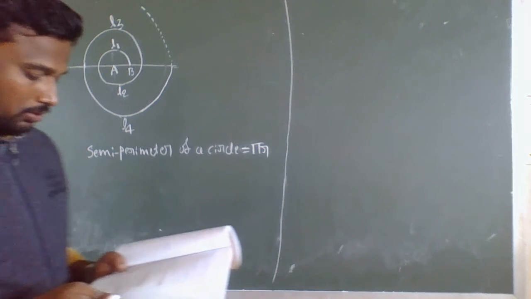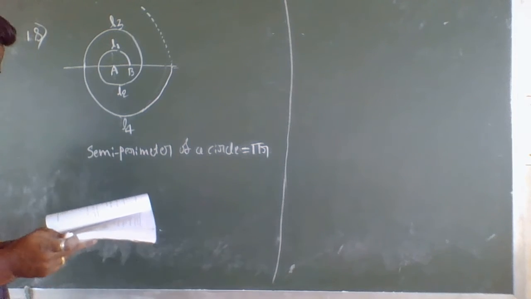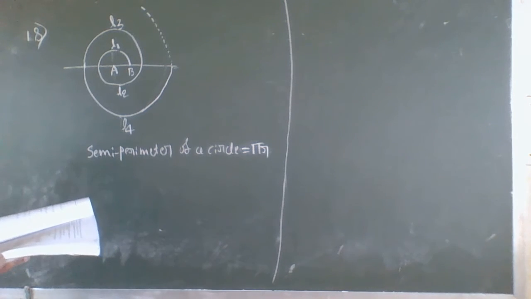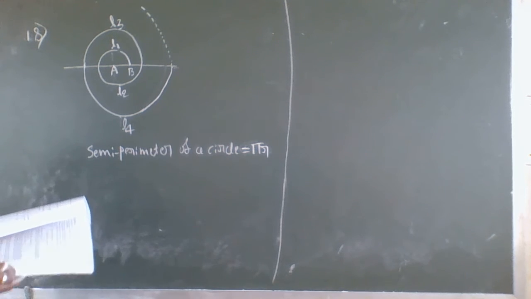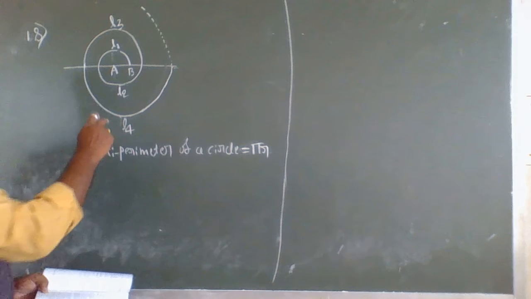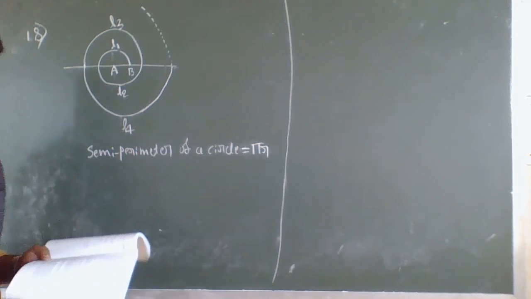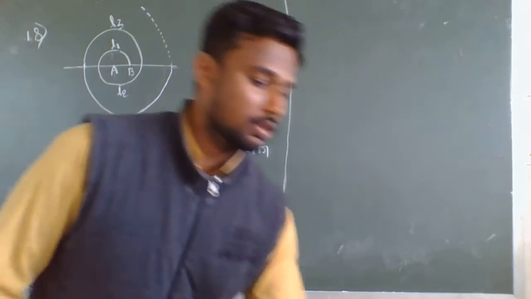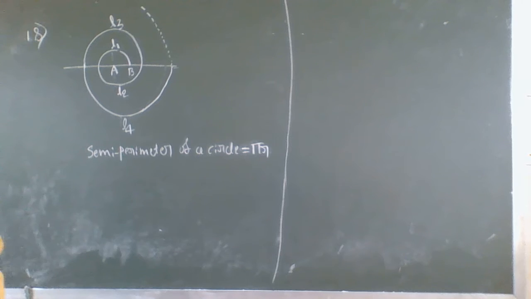Next, as shown in the figure, what is the total length of such a spiral made up of 13 consecutive semicircles? There are 13 semicircles. You have to find the length.